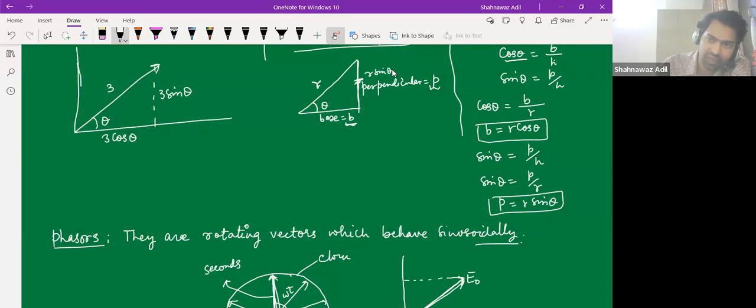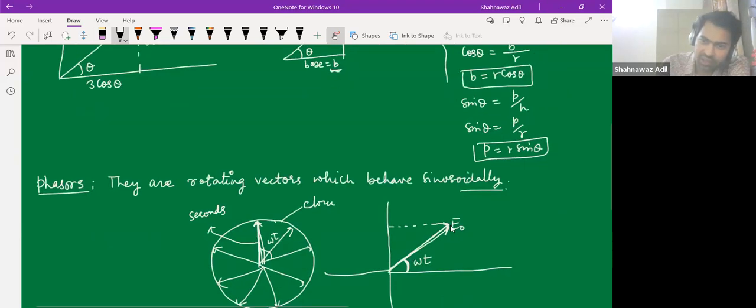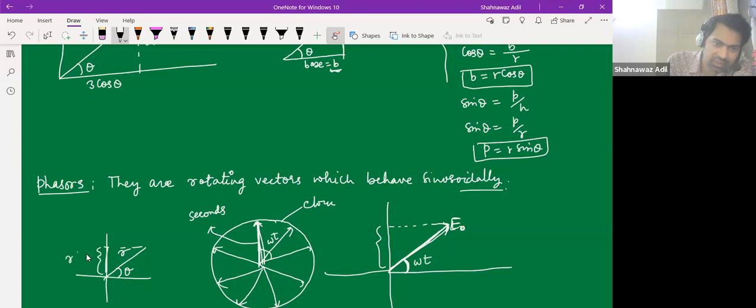So similarly, this magnitude is E naught, and this angle is omega t. So what would be this vertical component? Let me write it this way: this is theta, this is r. So what was this component? This was r sine theta, right?